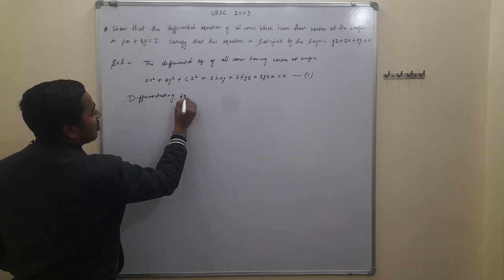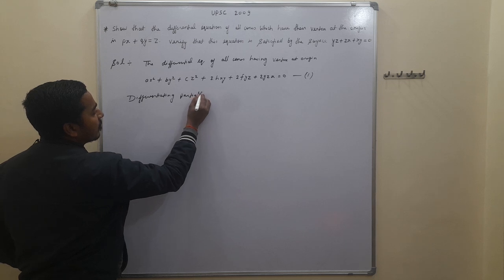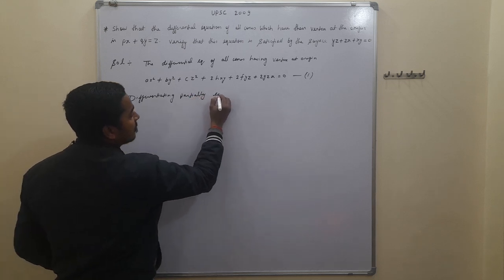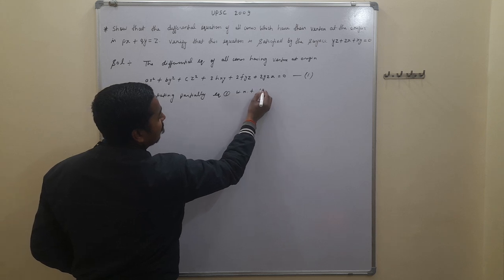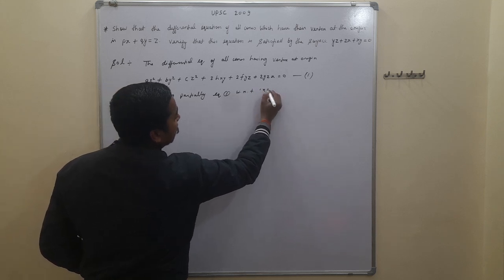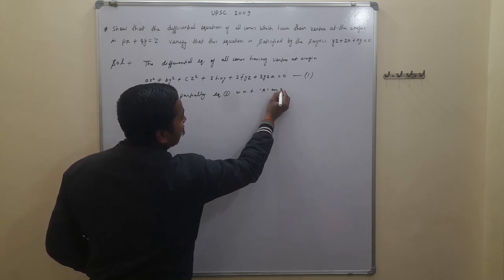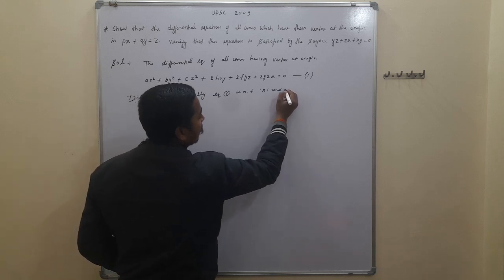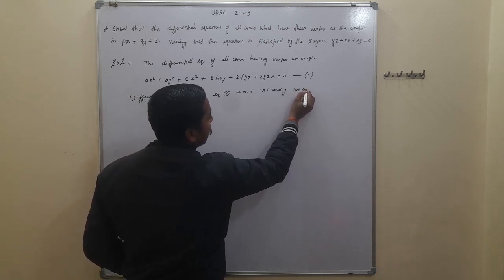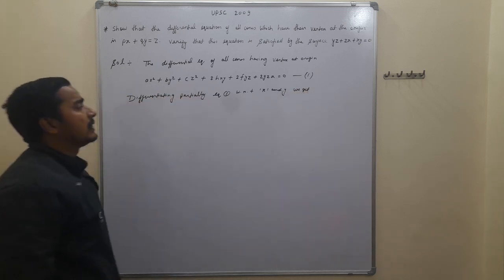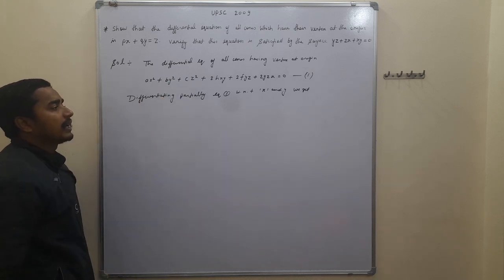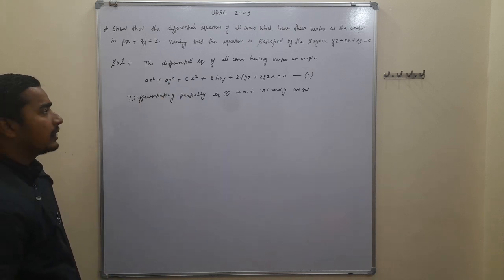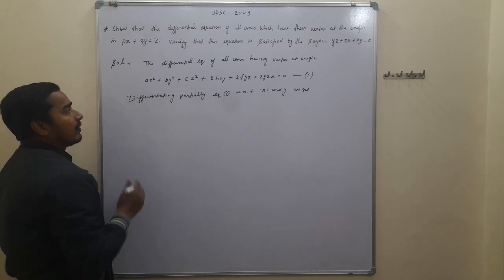Differentiating equation 1 partially with respect to x and y, we get, first we have to differentiate partially with respect to x, taking y as a constant and z is the function of x.